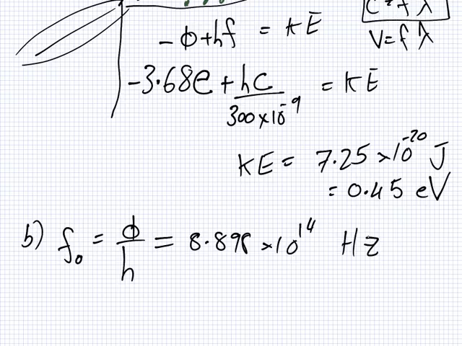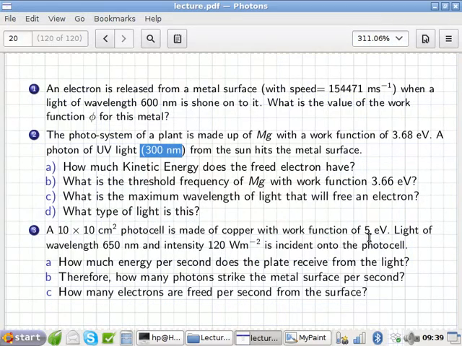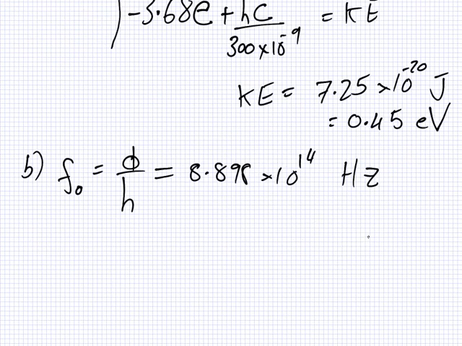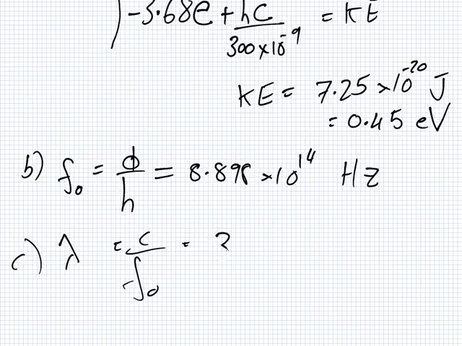Okay. Next is what is the wavelength. So then the wavelength will equal c over f, which is 3.369 times 10 to the minus 7 meters.